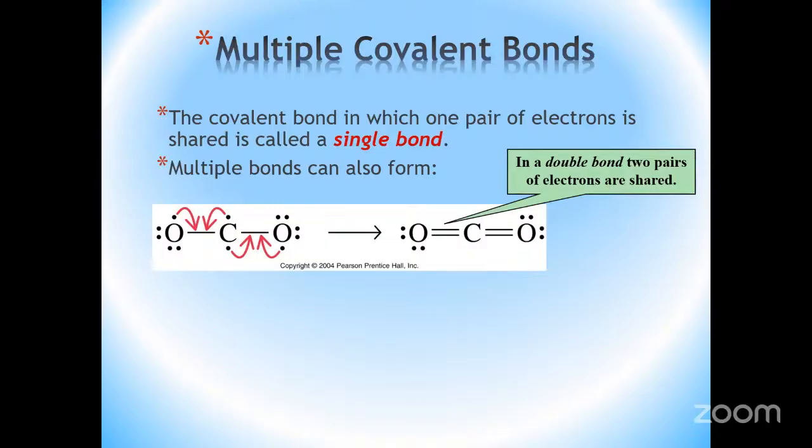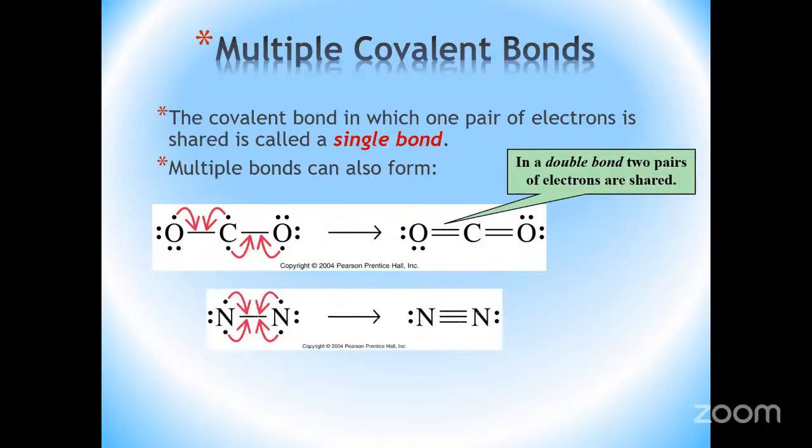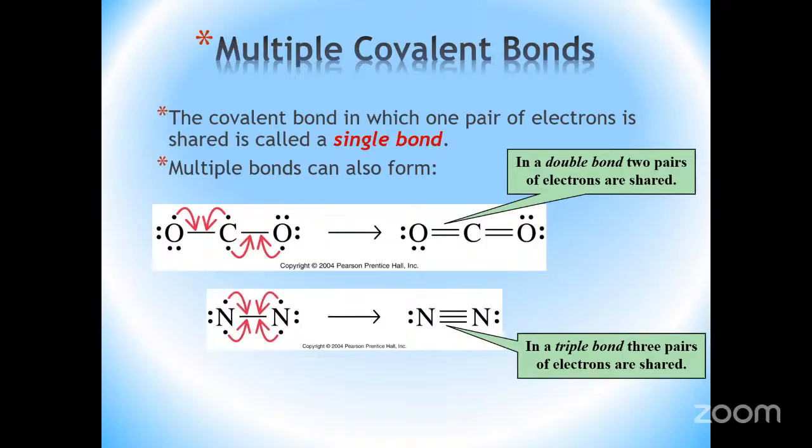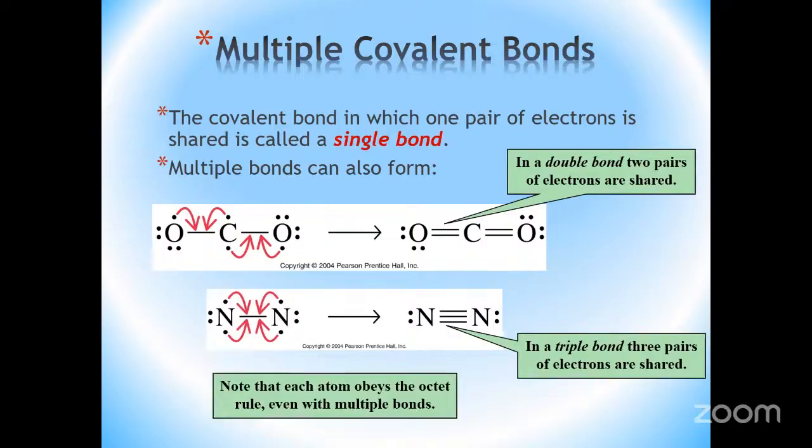We can also have a triple bond where we have 3 pairs of electrons being shared between 2 atoms, as in the case of the nitrogen molecule, all right? So for our level, that's a maximum, even though there are examples of quadruple bonds, right?